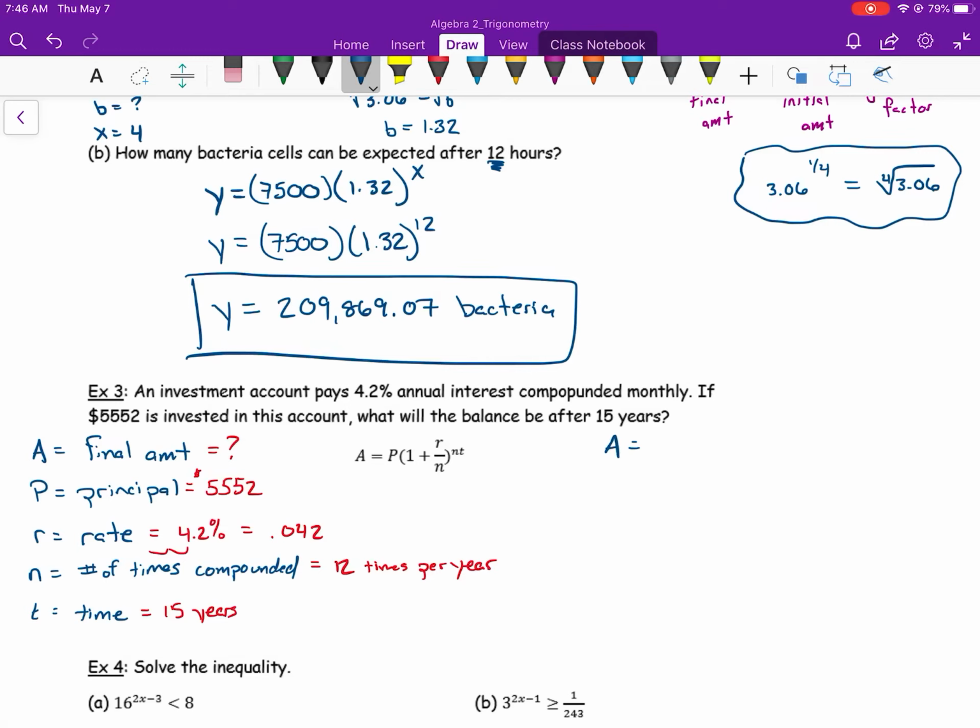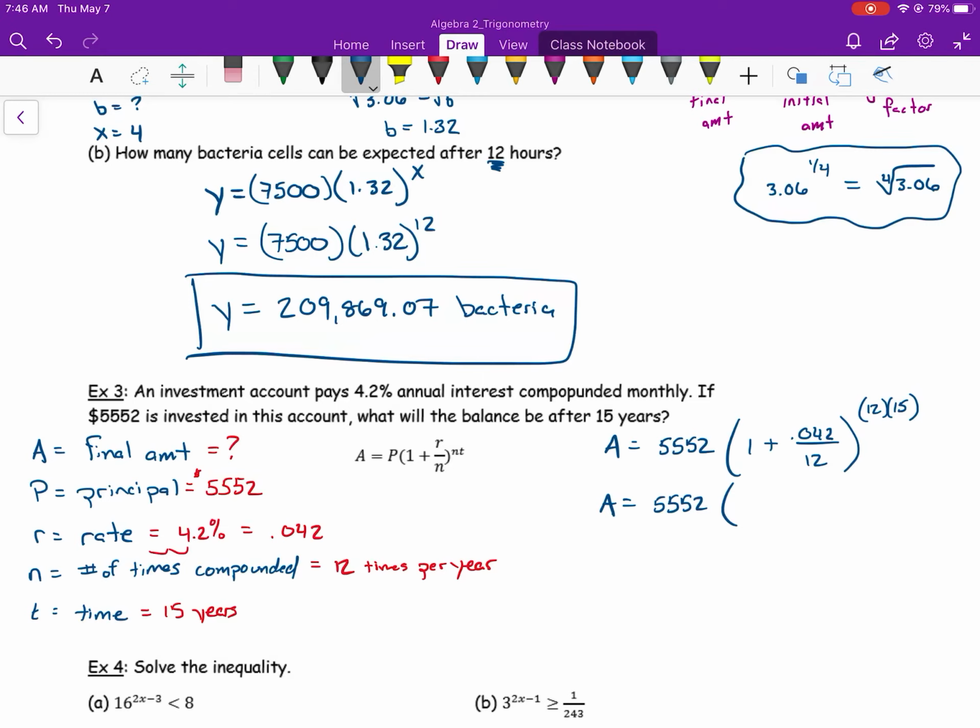So A is equal to 5552 times 1 plus 0.042 over 12. And then it's 12 times 15, n times t at the top. So A equals 5,552.